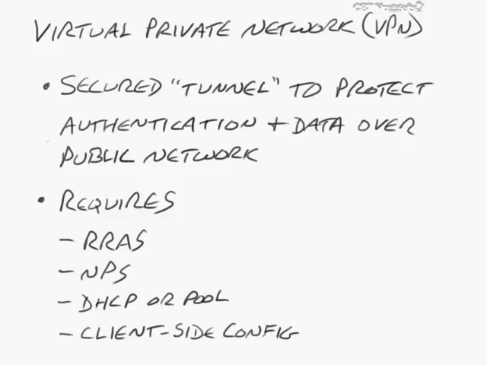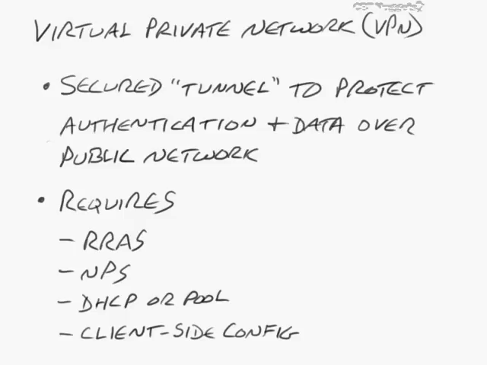Now, before I move on to a VPN here, let's address both the purpose of a VPN and a dial-up connection. With either one, normally the reason you want to use them is to connect to a corporate network and be pretty much the same as if you were physically on that network. Although there may be a difference in speed, so that may not be on your gigabit Ethernet network, but you're on a broadband internet connection in the case of a VPN, or you might be on just a dial-up connection, connecting at a blazing 16 kilobits per second.